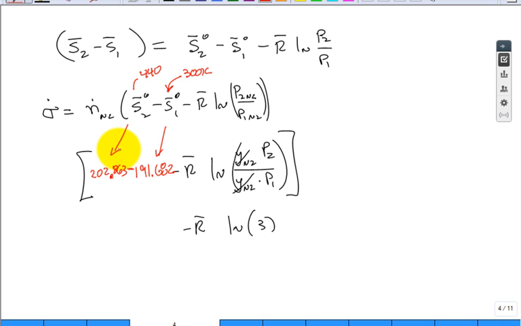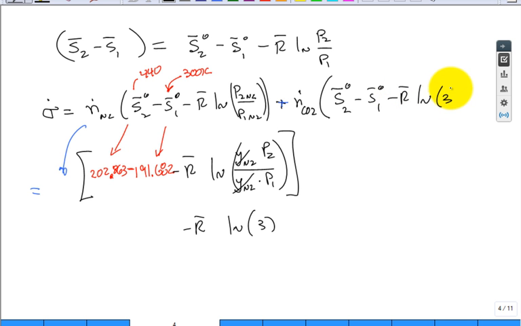Now you carry over the molar flow rate, and then you do the same thing. The molar flow rate of the carbon dioxide, N dot of the carbon dioxide. Then you have S bar naught of the carbon dioxide at state 2, minus S bar naught at state 1, minus R bar natural log. I'm just going to put 3 there.